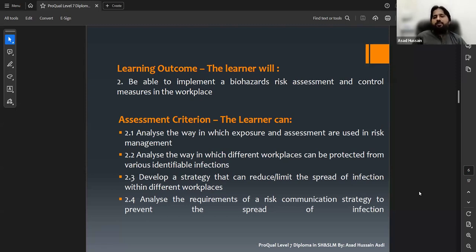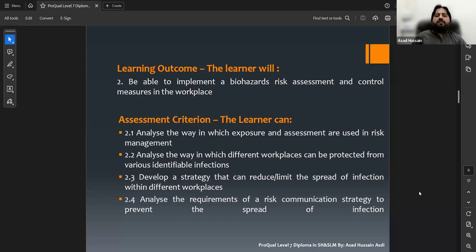For example, if you have performed a good risk assessment about the infection and identified the infections, but that report is still only with you as a health and safety professional or with the top management, then it will not work, because only identification and development of a strategy is not enough.